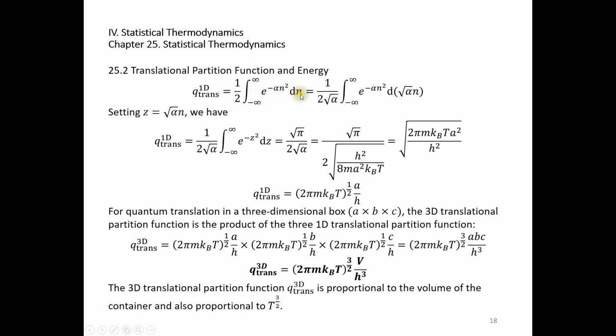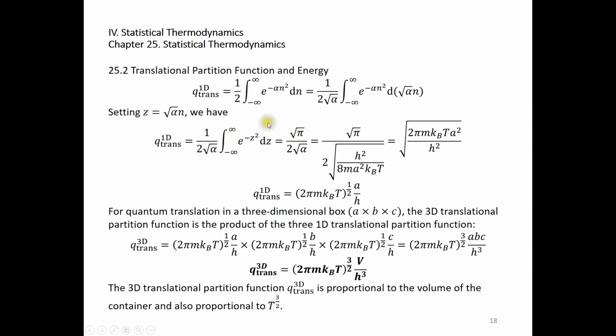I multiply this n by the square root of alpha, and then divide by the square root of alpha here. Now I set z to be the square root of alpha times n, and the one-dimensional translational function is simply 1/2 times 1 over the square root of alpha, and we just need to integrate a Gaussian function from negative infinity to positive infinity. This integral is the square root of pi.